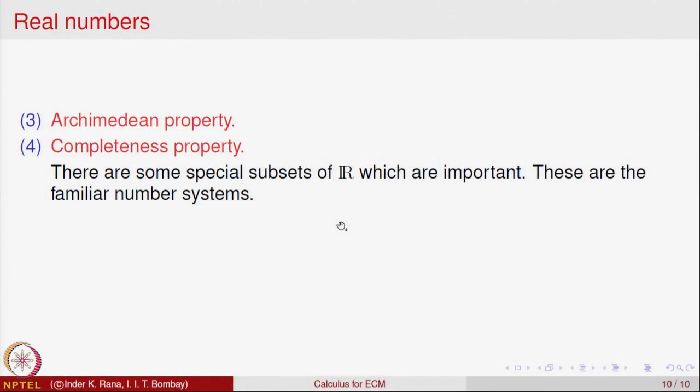So, let us describe some special subsets of this set R, which will play a role in our study. In our school education, we start with natural numbers. Here we are doing the other way around. We already have a set R with these properties, and in it we already have the multiplicative identity 1.